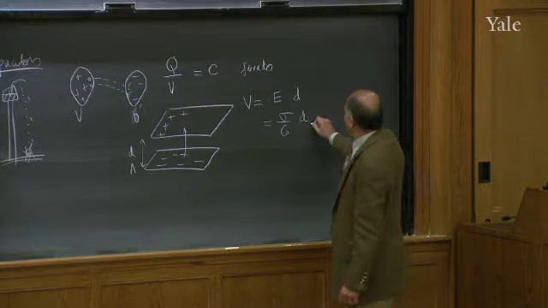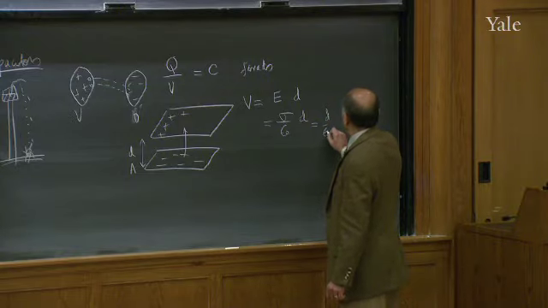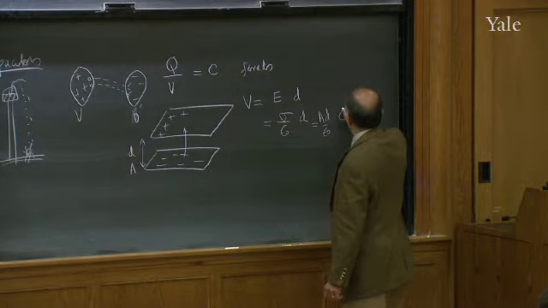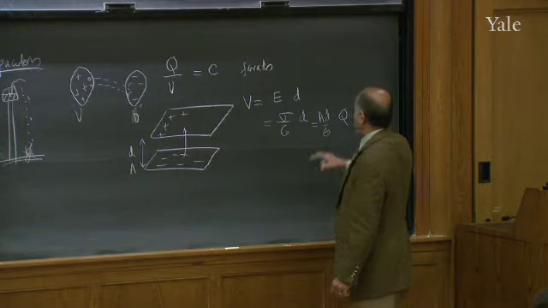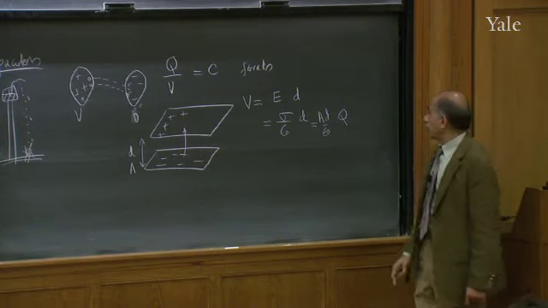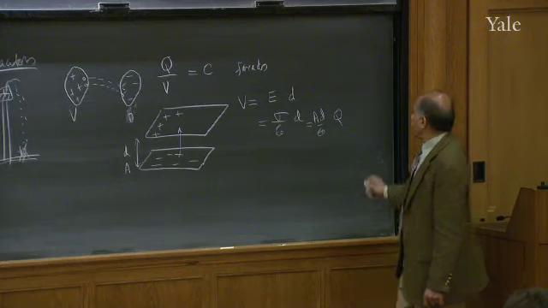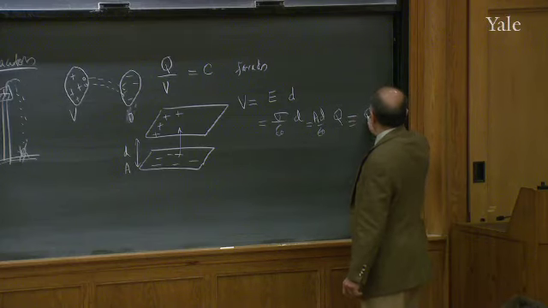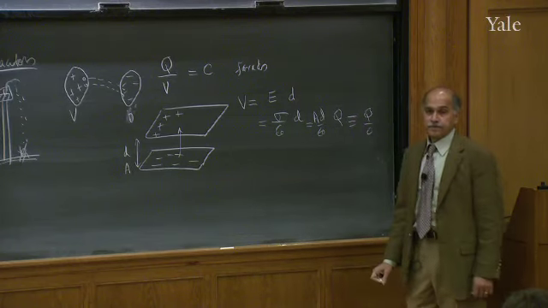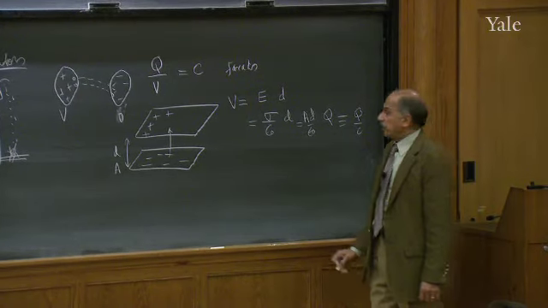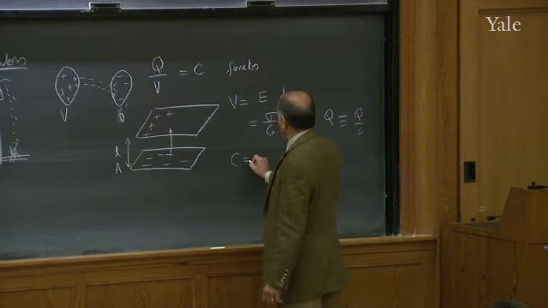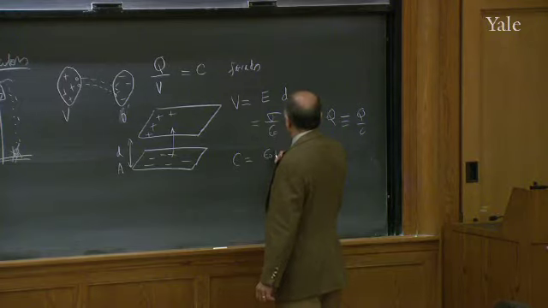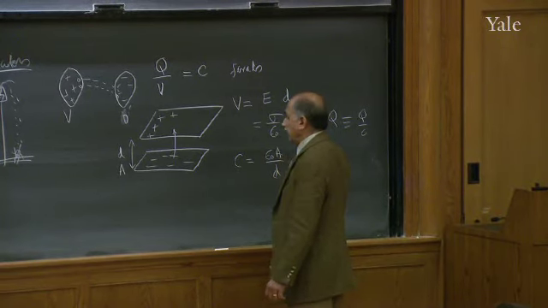And sigma is Q over A. Charge density is the total charge over that area. And that is by definition Q over C. Therefore, the capacitance of this parallel plate capacitor is epsilon 0 A over D.